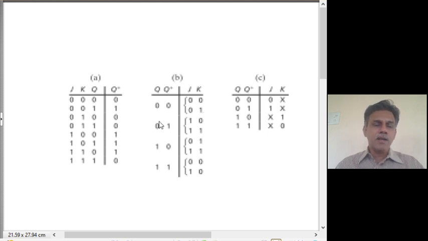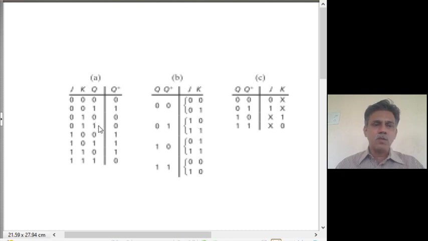So, in this manner, there will be 2 rows in the characteristic table which will lead to 1 row in the excitation table. 0, 1. So, this is a 0, 1 condition for which j and k is 1, 0. The other 0, 1 condition is here for which the j and k condition is 1, 1. 1, 0.